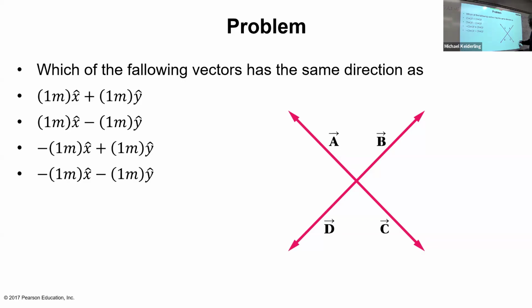Just as an indication, I'll draw over here. This is x hat. That's y hat. So which of these is pointing in the direction of 1 meter times x hat plus 1 meter times y hat?